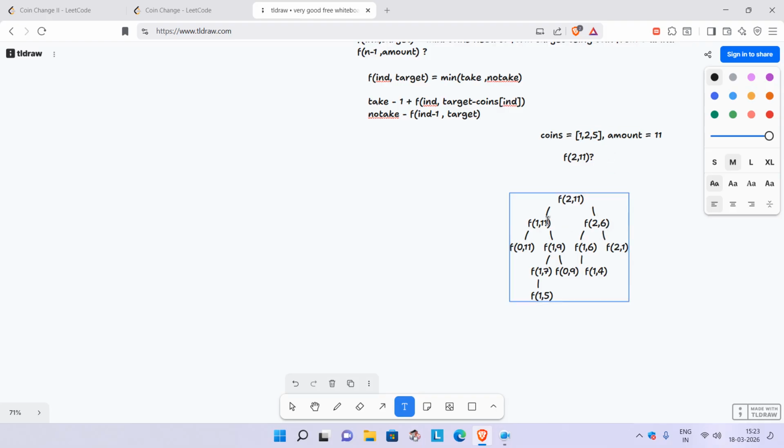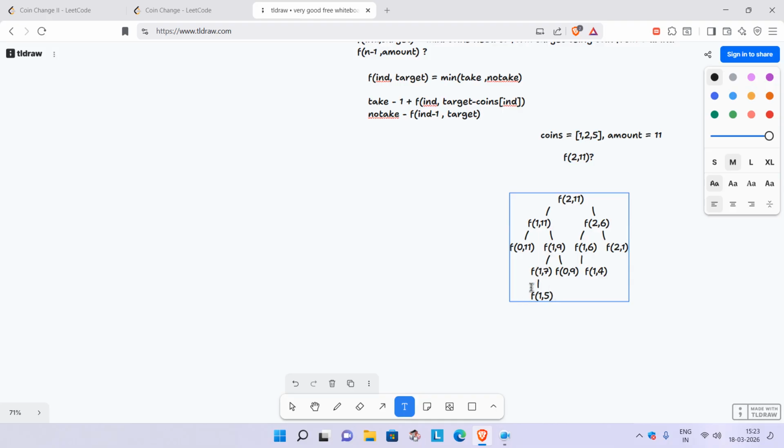Okay, now again there are two choices, either we do not take or we take. So not take, we simply move to 0, and this is the case 1, 9. Now similarly for this state, f of 1, 7, we again have either the not-take or the take position.